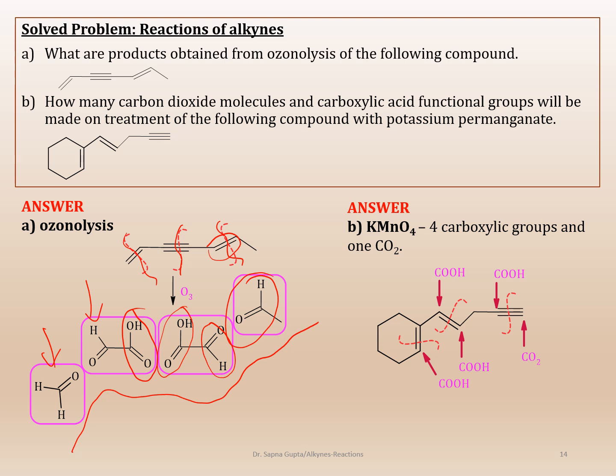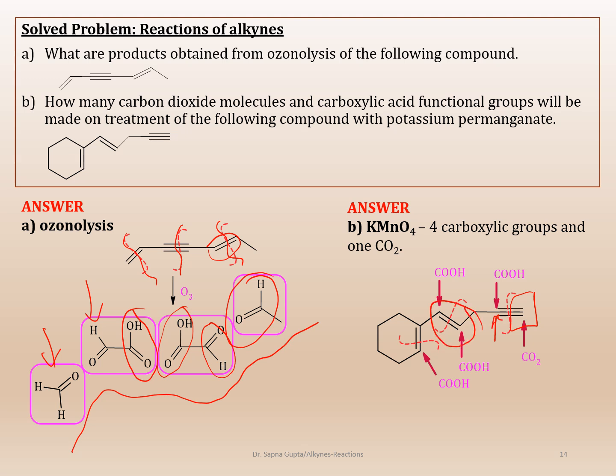Then B, KMnO4: how many carbon dioxide molecules am I going to get? So 1 carbon dioxide molecule, because I have 1 terminal alkyne. One terminal alkyne means 1 carbon dioxide. And since we are dealing with KMnO4, this will definitely give us a carboxylic acid.